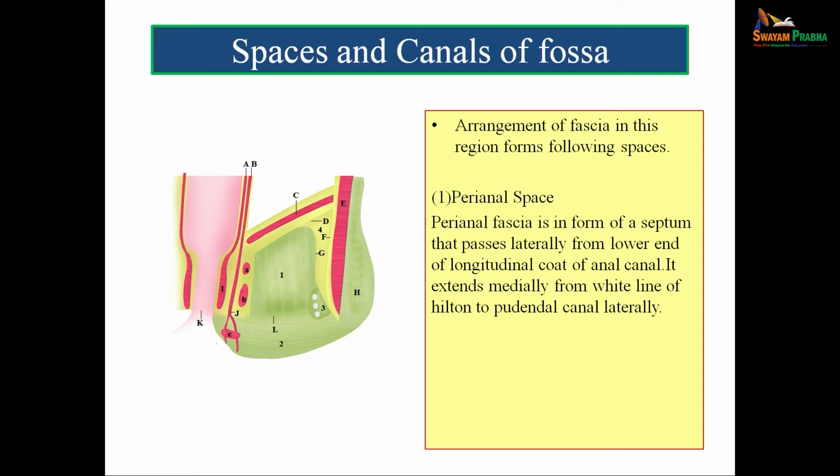You can easily make it out in the figure. The circular coat is forming I, the internal sphincter, while the external sphincter has 3 parts lying outside the longitudinal coat. At the lower end of the longitudinal coat, extending from the medial to the lateral side, is L, which represents the perianal fascia.